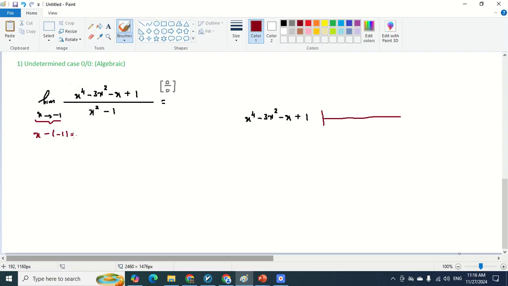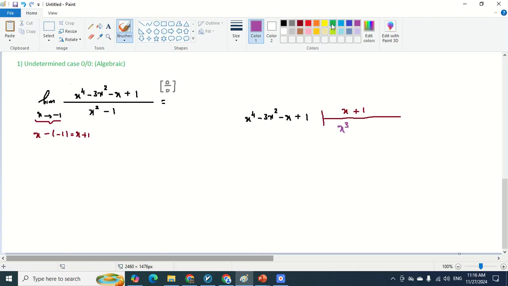Take care that the factor here is x plus 1, so I should divide this expression by x plus 1. If I divide by x plus 1, I should use the greatest exponent first. It is x^4, and I should divide it by the greatest exponent of the divisor, which is x. x^4 over x gives us x cube, so I should put x cube in the quotient.